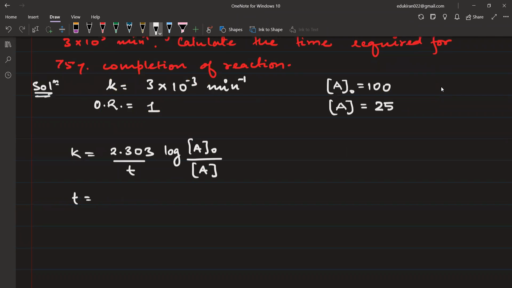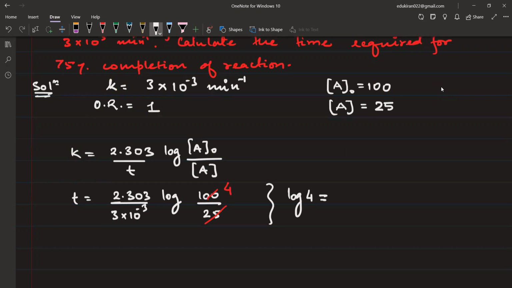Then T will be equal to 2.303 divided by K, which is equal to 3 into 10 to the power minus 3, log of A naught by A, which is 100 by 25. So now you can write 4. What is log 4? Last time we did. What is log 4, guys? 0.6.